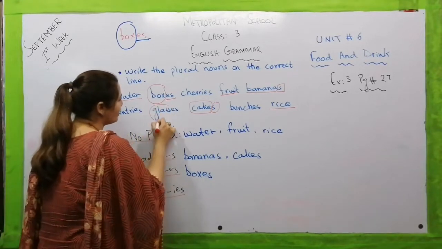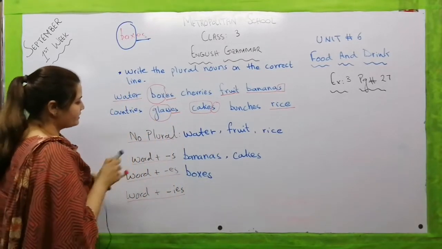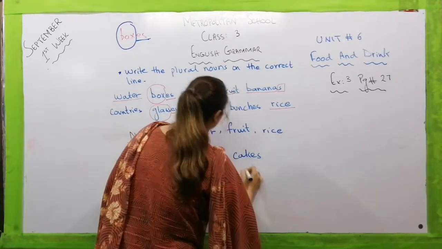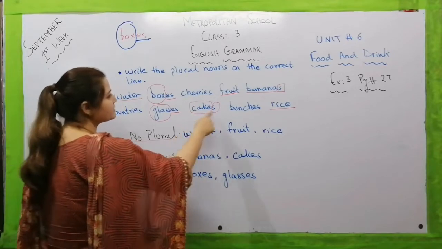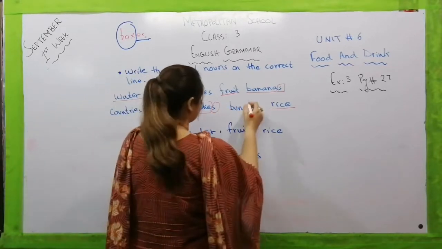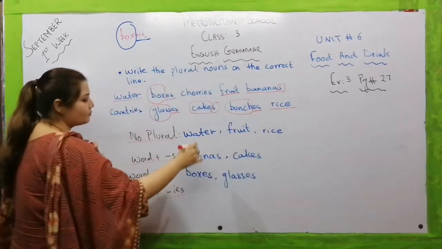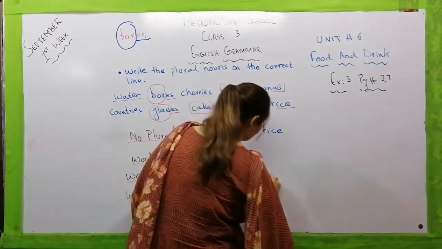Encircle the singular one, glass. What is left? Es. Write down in the es group, glasses. Let's move forward. Cakes, we have already done this. And then bunches. What is the singular? Bunch is the singular and es is the plural. So we are going to write in this group, bunches.